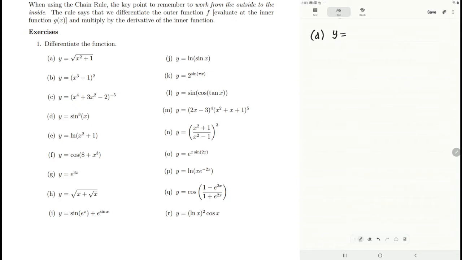In the next example, we have sine cubed of x. Now remember that the sine cubed of x is given as the sine of x all cubed.